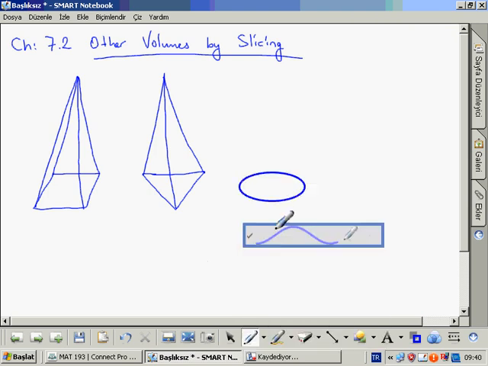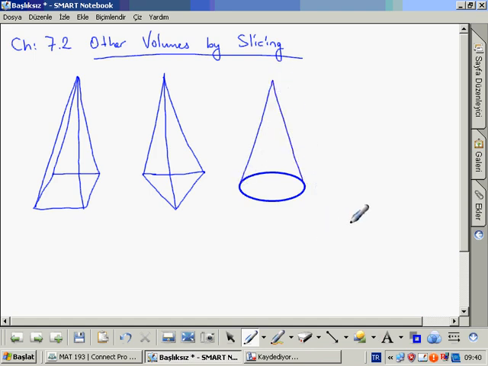Whatever. Some of them are like that. This is a cone, as you know. And maybe an arbitrary shape can be the base of any cone, like that.